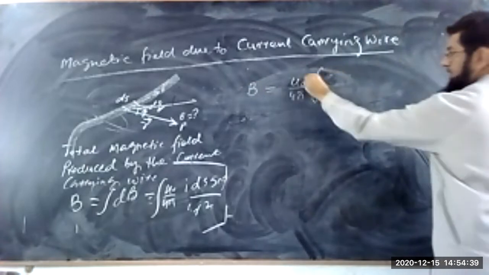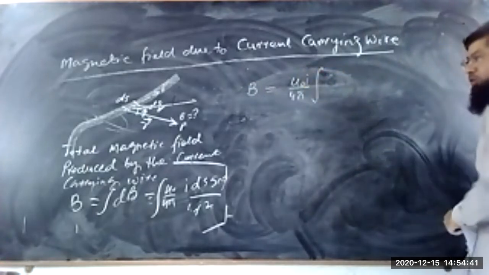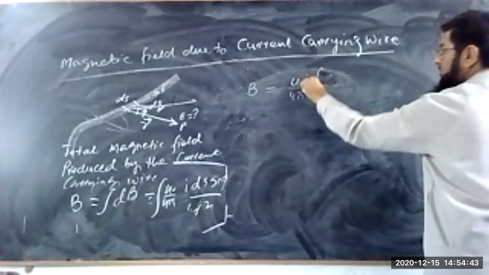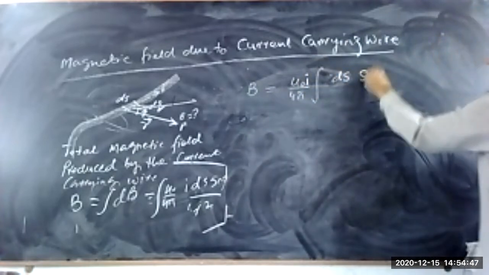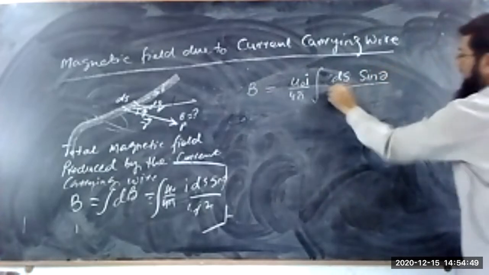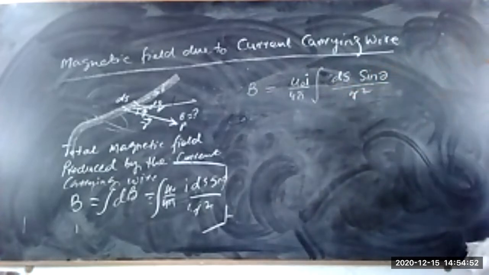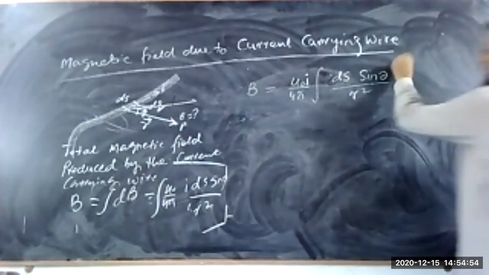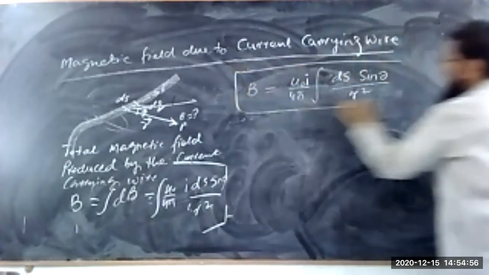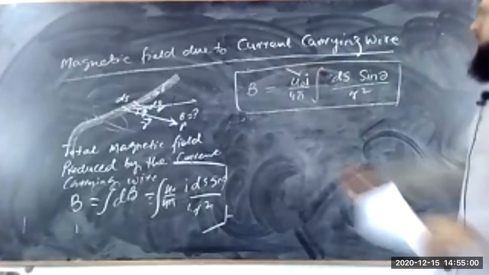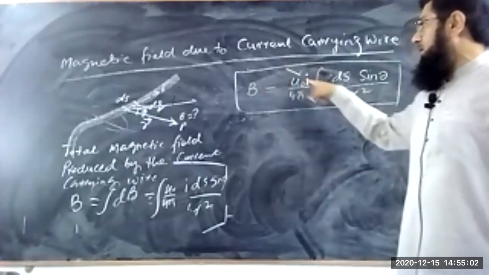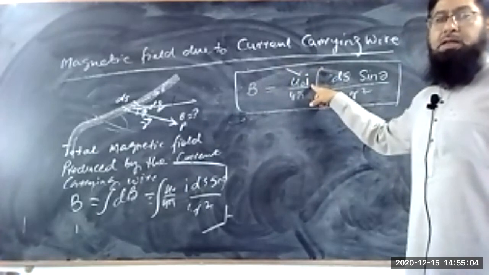I is a constant if the current is steady state or uniform current. So I can be taken out from the integral. ds sine of angle theta upon r square. So this is the magnetic field produced by the current carrying wire. It means the magnetic field produced by the current carrying wire is directly proportional to the magnitude of the current.